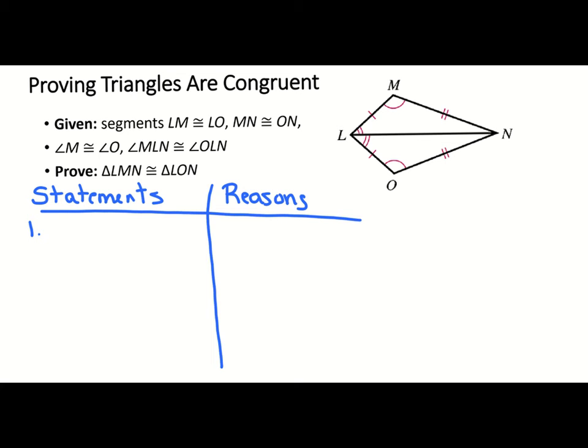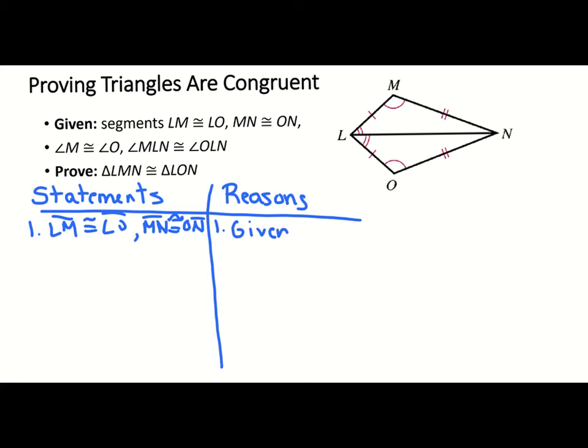Okay, so first one is going to be our given. So we know that LM is congruent to LO, and MN is congruent to ON. Okay. And I'm going to stop there. I'm not going to put the angles with it because I'm going to focus on the segments first. So I know that LM is congruent to LO, and it is marked, and MN and ON are congruent.